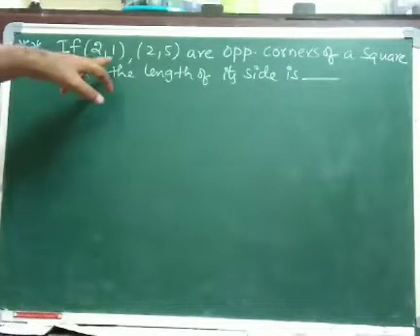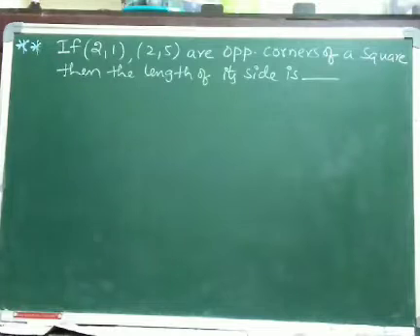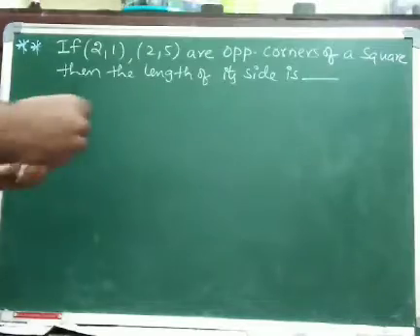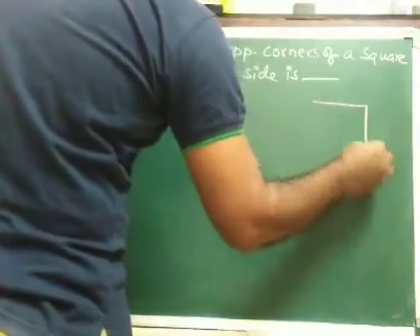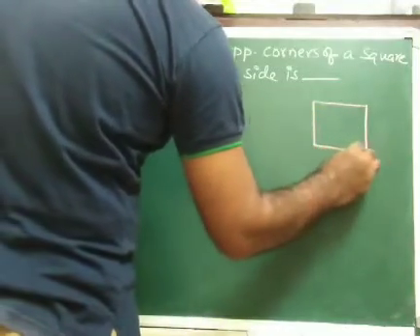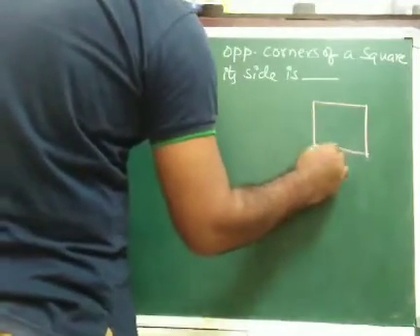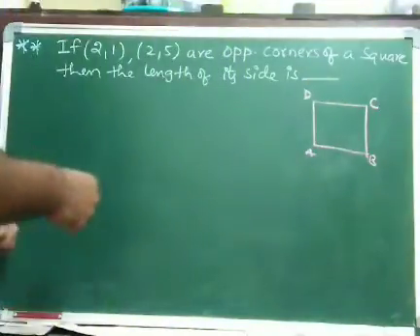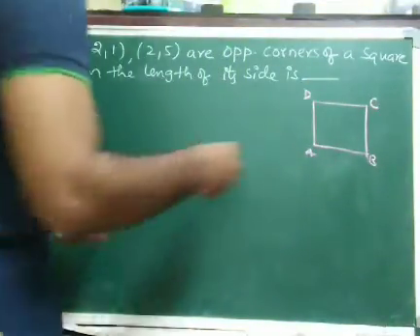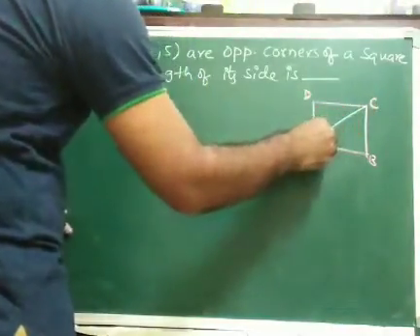If (2, 1) and (2, 5) are opposite corners of a square, then the length of its side is... See, for example, let it be a square ABCD, and clearly AC is the diagonal.